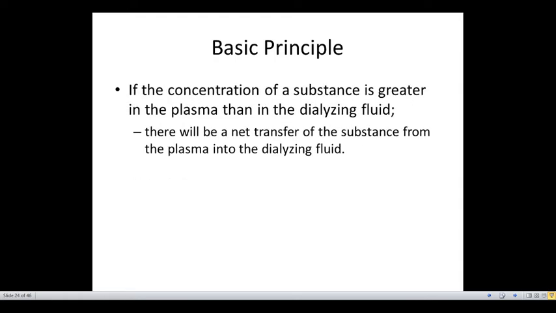If the concentration of a substance is greater in the plasma than in the dialyzing fluid, there will be a net transfer of the substance from the plasma into the dialyzing fluid because of diffusion.